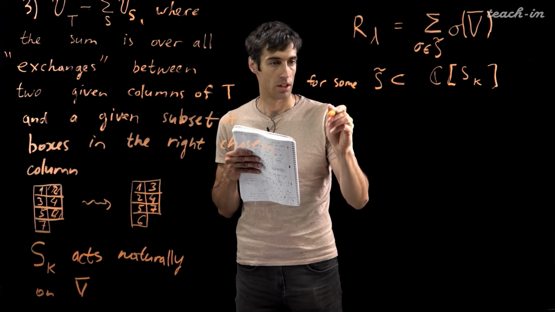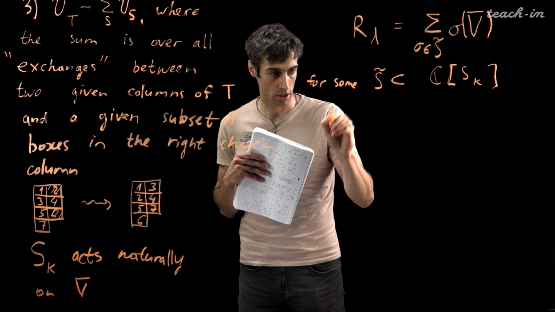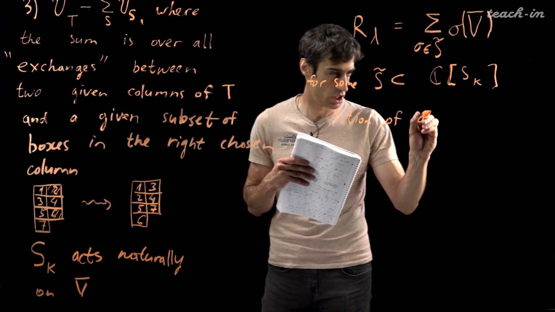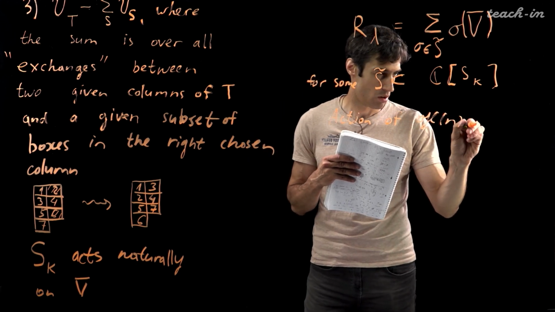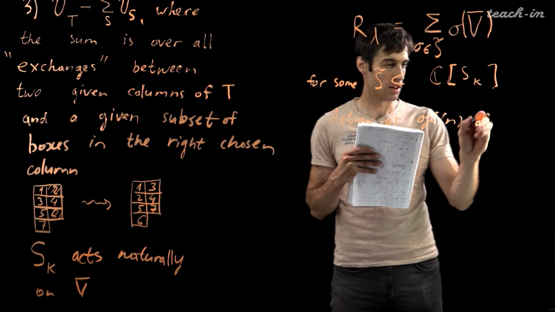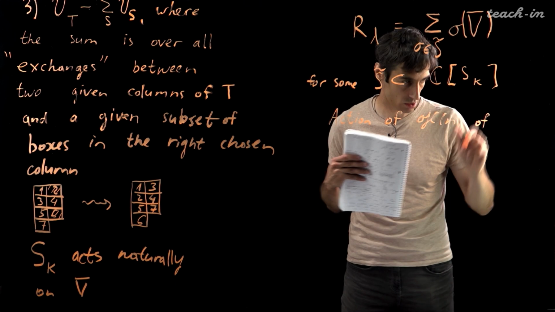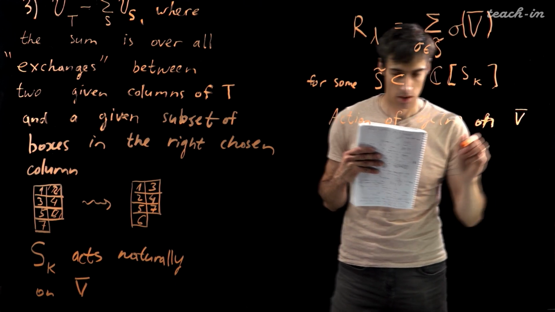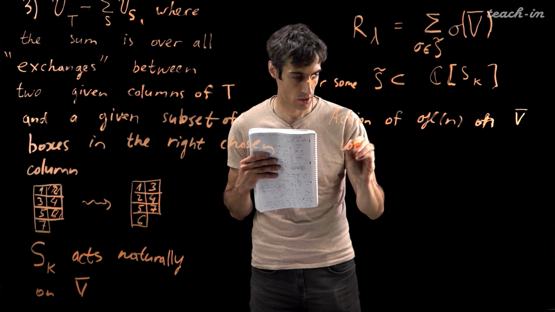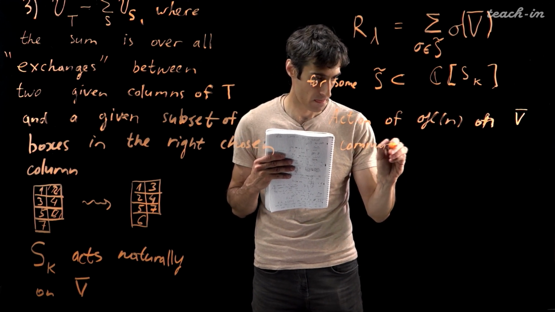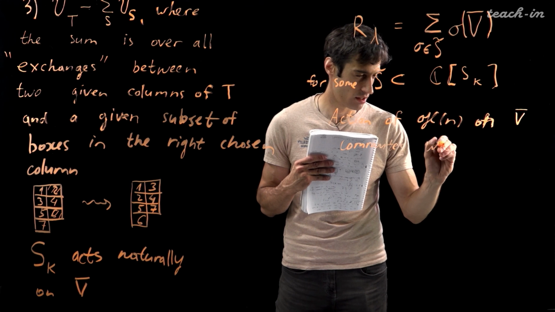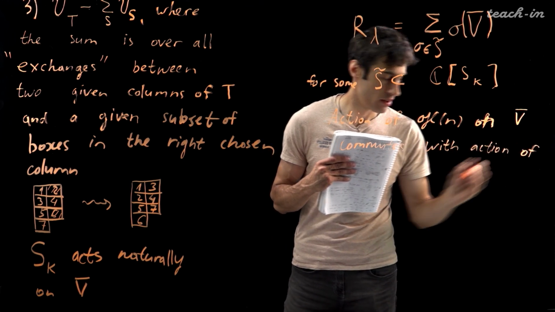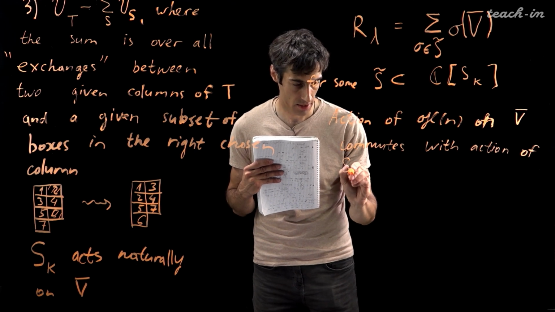So actually, the action of GLN on V bar commutes with the action of Sk.